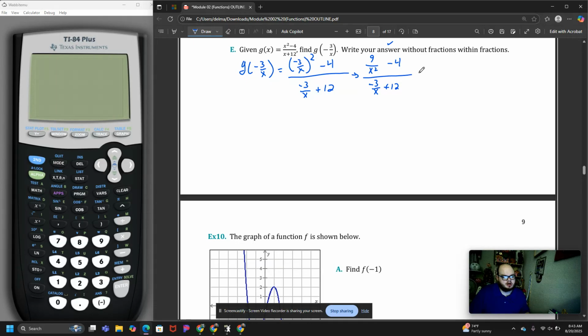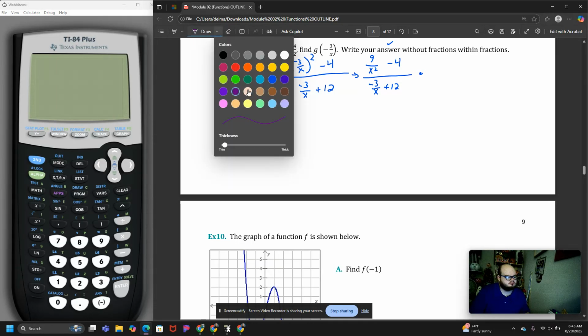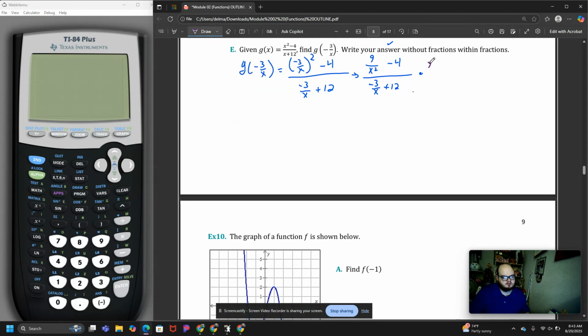So I'm going to try to get rid of this x squared by multiplying. That means I'm going to have 9 over x squared times x squared, minus 4 times x squared, then negative 3 over x times x squared, plus 12 times x squared. And this is going to work out really well for me.